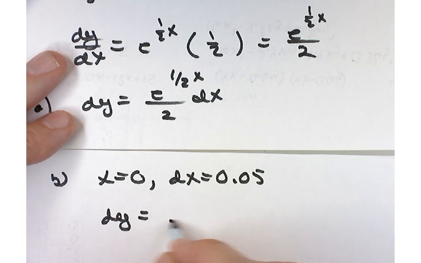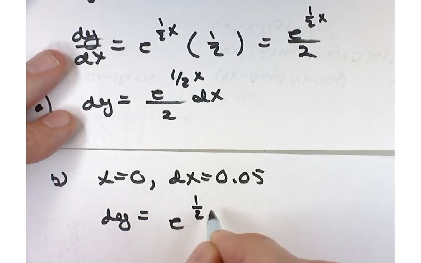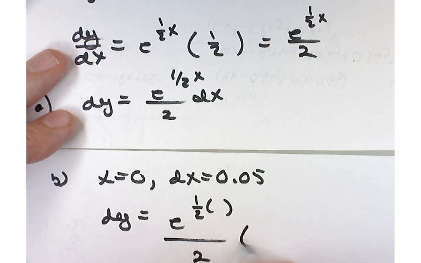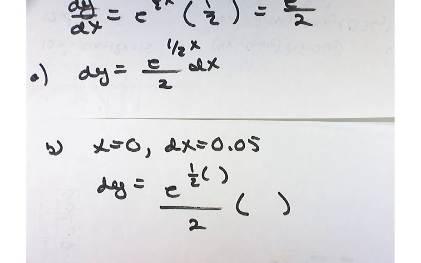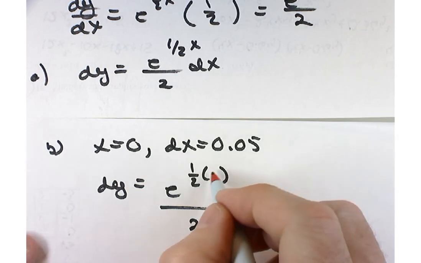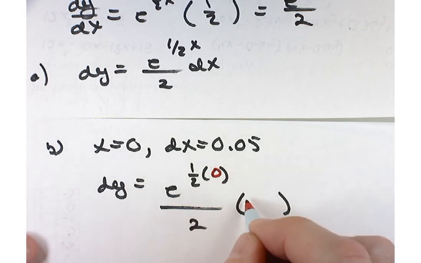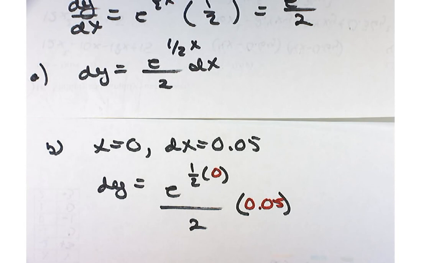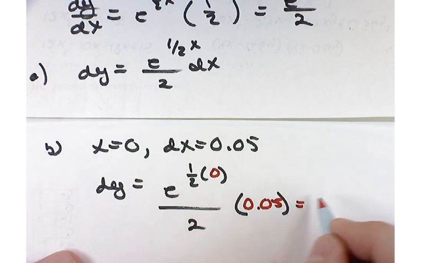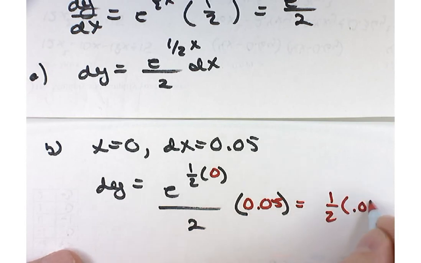There's going to be e to the 1/2 times 0 over 2 times 0.05. So 0 here for x, 0.05 here for dx. So that's going to be e to the 0 is 1, divided by 2 is 1/2, times 0.05.